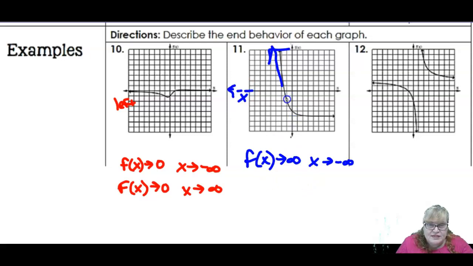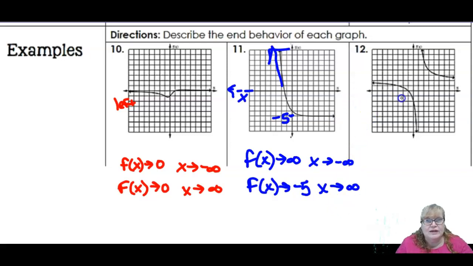But on the right, the value doesn't ever seem to move past a y value of 1, 2, 3, 4, 5. It appears that the y on the right stays very close to -5. So the y value stays at -5 as x gets bigger and bigger off to the right.